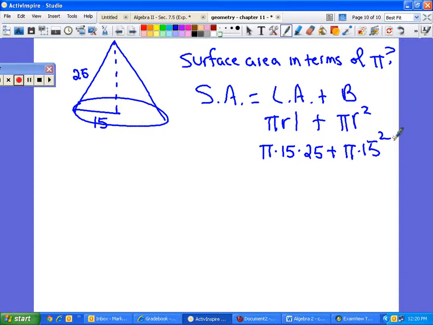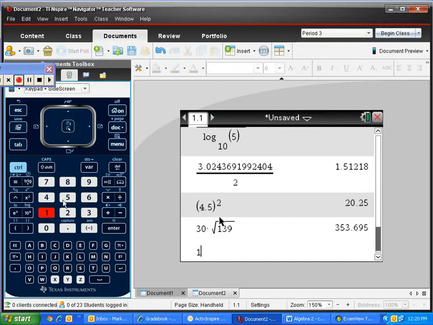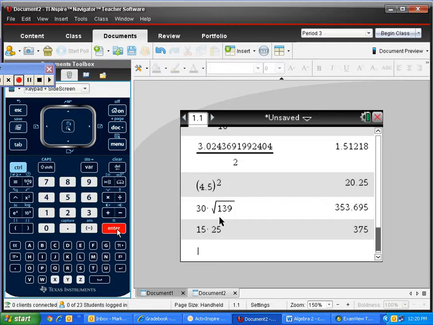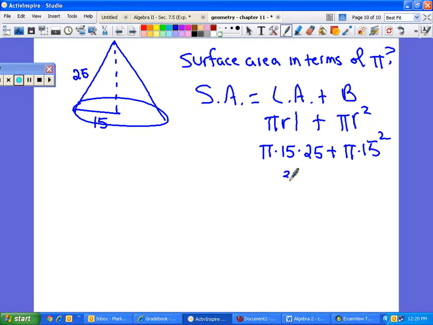What could be easier? I do 15 times 25. I get 375 pi. Remember, the question says to answer in terms of pi, so we don't even have to figure out what pi is. 15 squared is 225 pi.